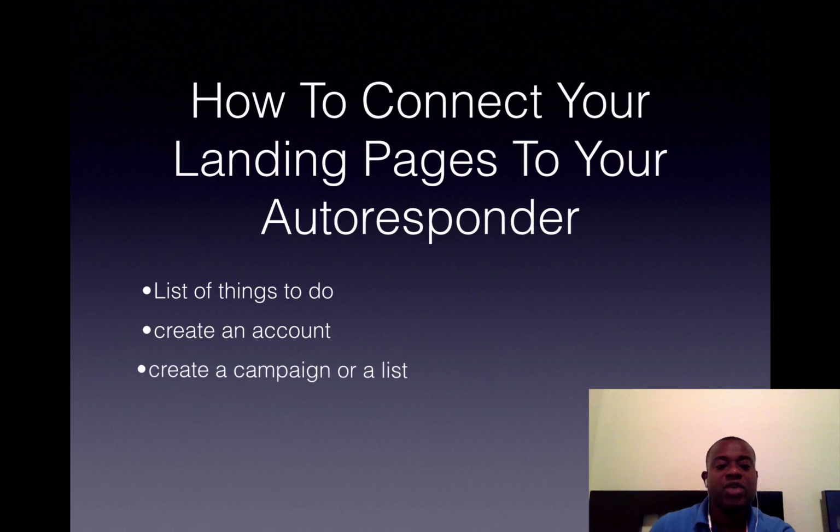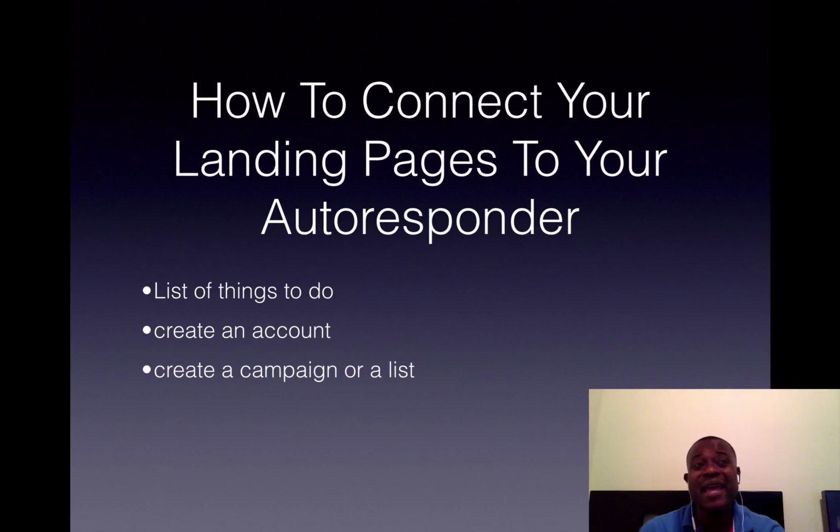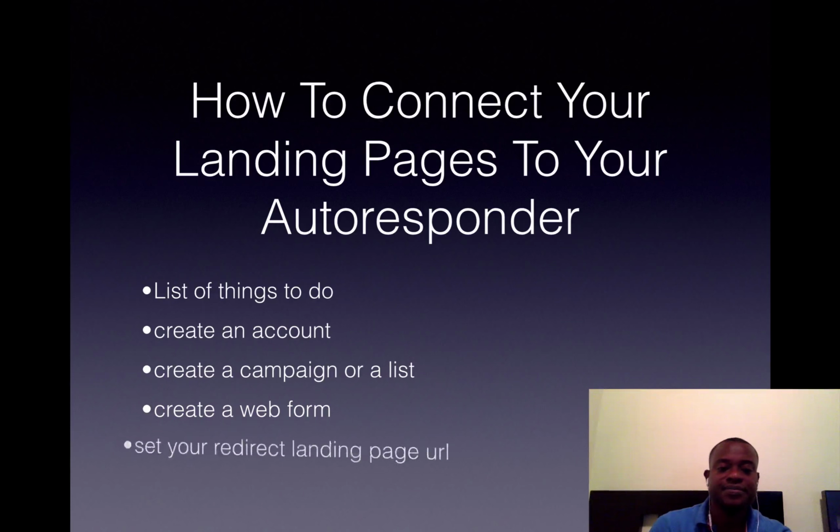Then the next thing you want to do is create a campaign or a list, and I'll show you exactly how to do this. And then you want to create what is called a web form. If you have a website or even a landing page, the little box where your visitors enter their information is what is called a web form. So you have to know how to create it, and I'll show you how to do this.